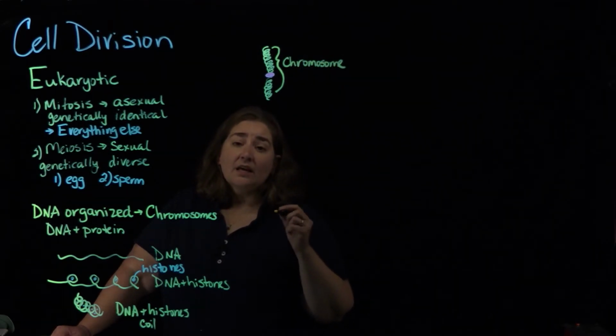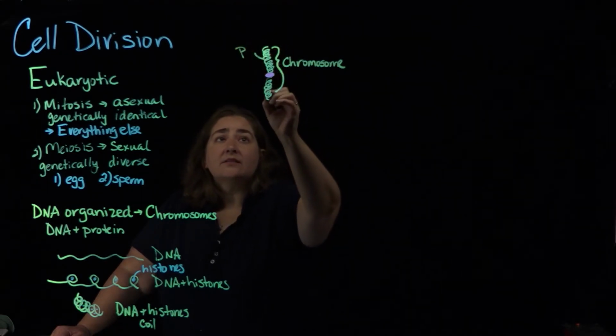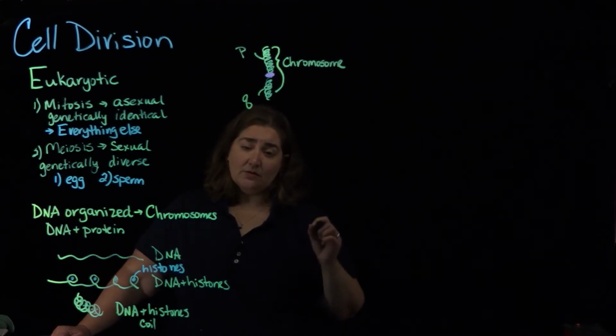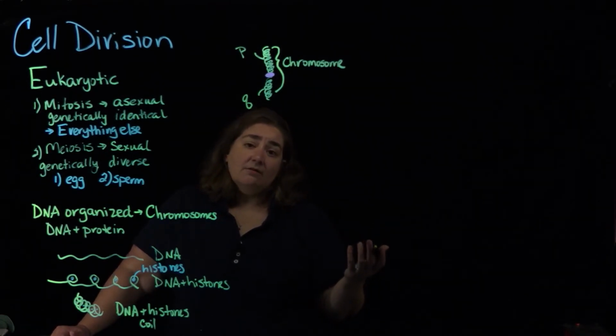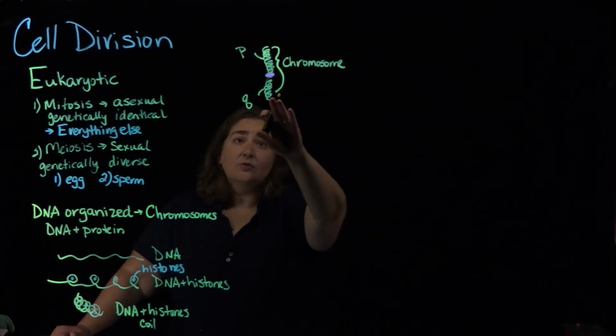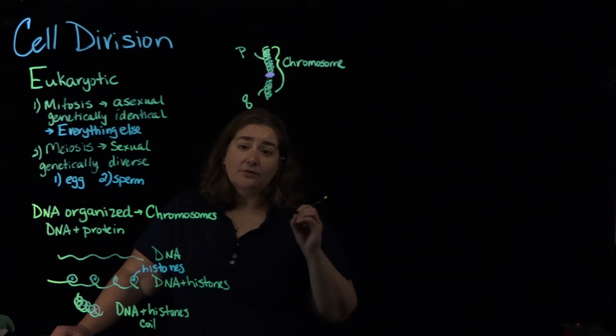With human chromosomes, the way things are going to organize, there's going to be a P arm and a Q arm associated with the chromosome. Now, in general, the P arm tends to be a little bit longer than the Q arm, but in some of the chromosomes that I'll put up for you to look at, they look pretty close.